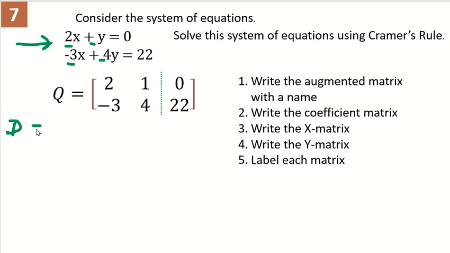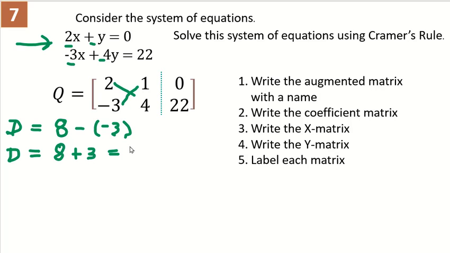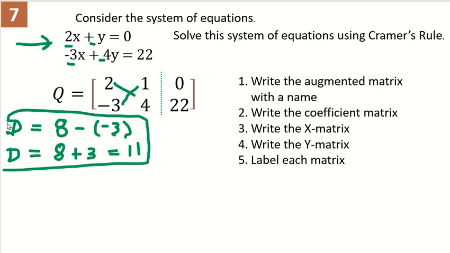So the determinant is going to equal to 2 times 4, which is 8, minus negative 3 times 1, which is a negative 3. So the determinant is equal to 8 plus 3, or 11. Now hang on to that because we're going to need that in every one of our steps.